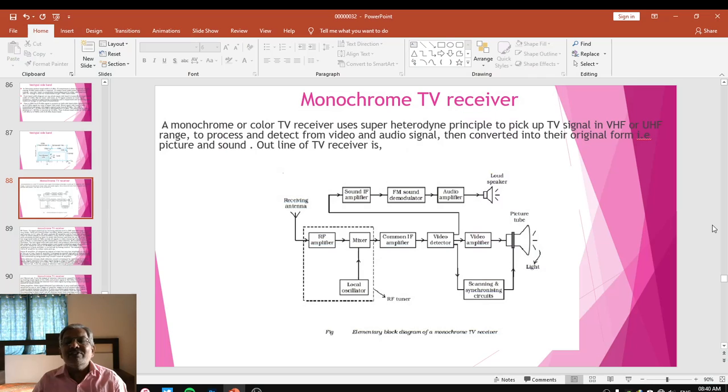In yesterday's lecture, we studied the standards associated with the vertical sync pulse and vertical blanking pulse, which are introduced at the end of every field of vertical retrace.